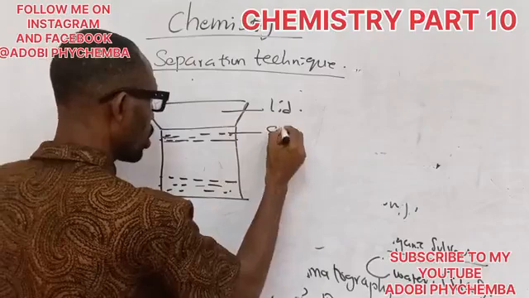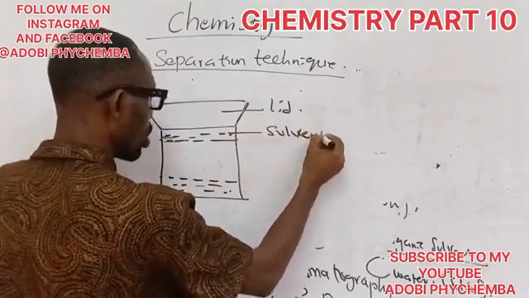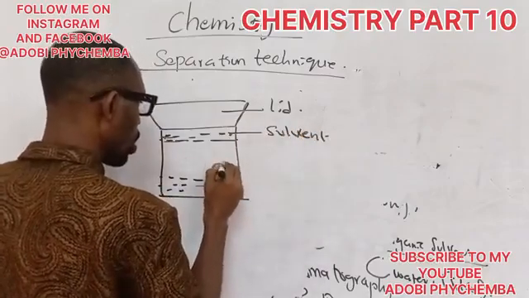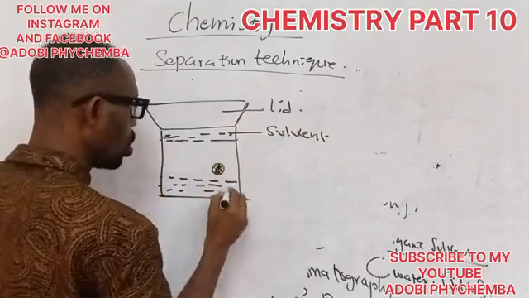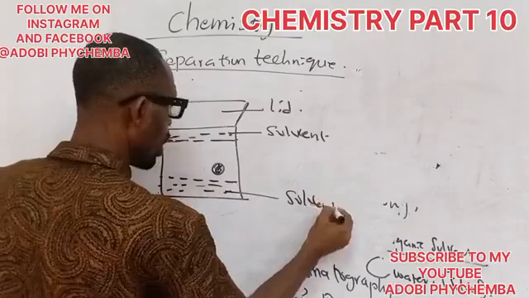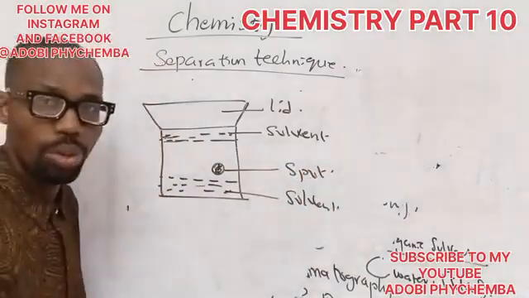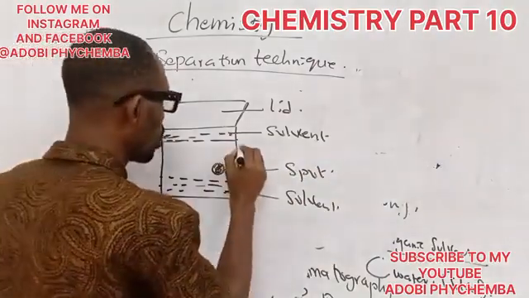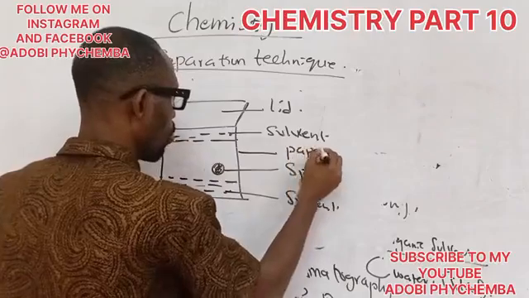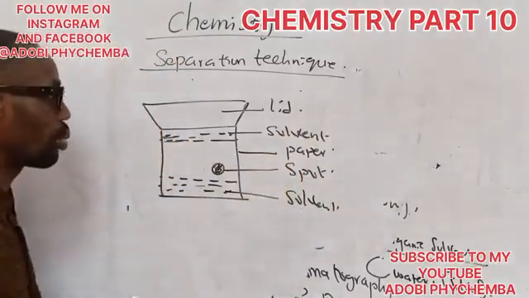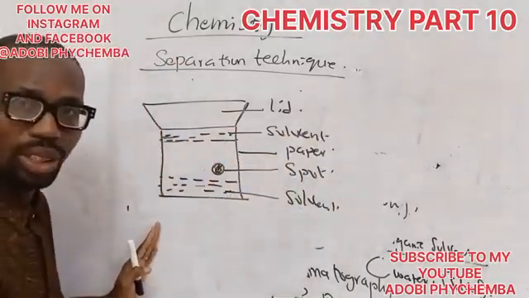This is the solvent. Then here you have something which represents the solute. This is also solvent. This place we call spots, the spots on the paper chromatography. So this is what it looks like. Do you understand it now?